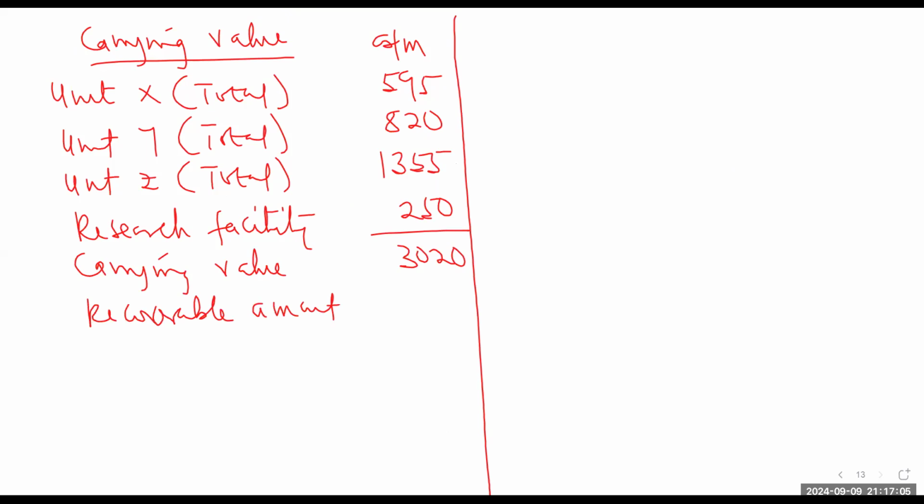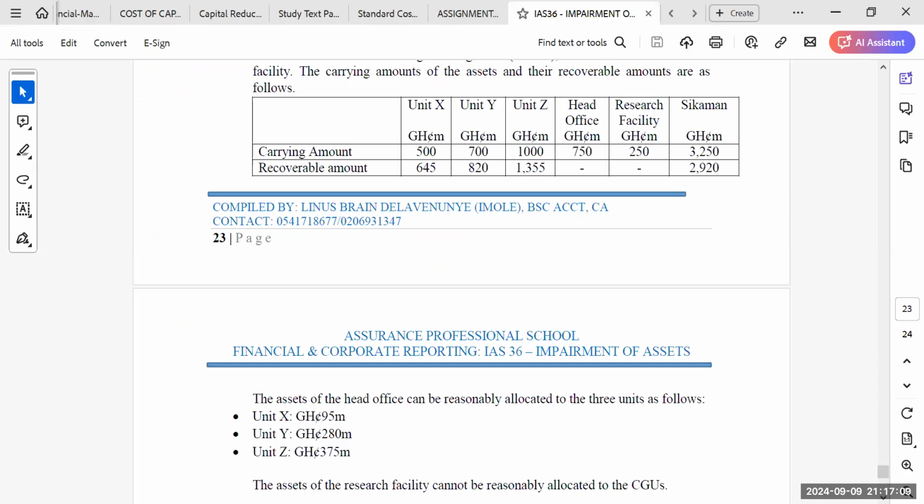No, the one given to you, you don't have to add. What is the recoverable amount for the group as a whole? 2920.